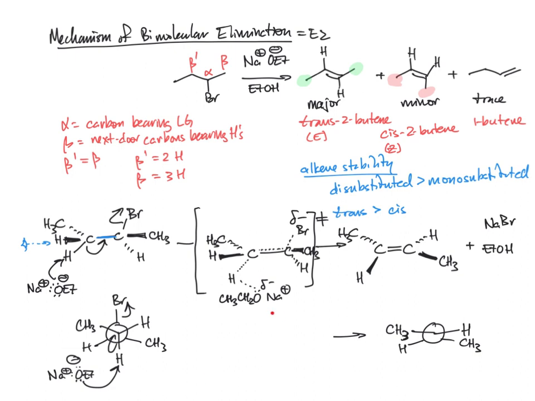So I've left this space empty, but I want to fill it, and I want to explain to you why it is absolutely necessary that you have this 180 degrees dihedral angle. And that involves looking at the molecular orbitals.